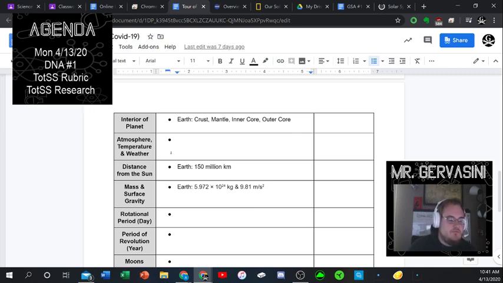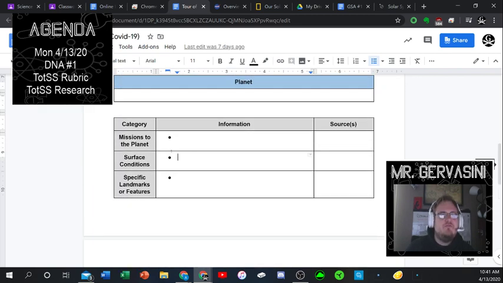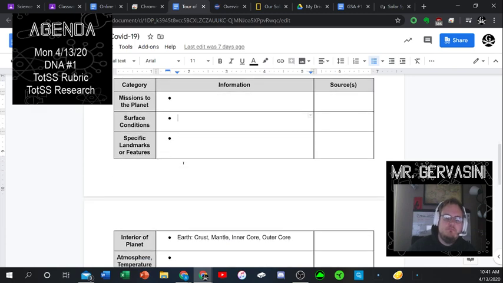So just how it looks from far away, like what features are on there, which also goes into the next box. What kind of color? Why does it have that color? Or tell me it's gas. Tell me why it's gas. Why isn't it solid rock? Why can't it be terrestrial?